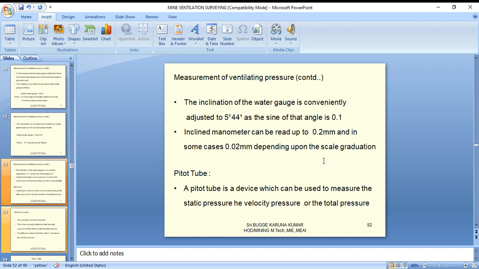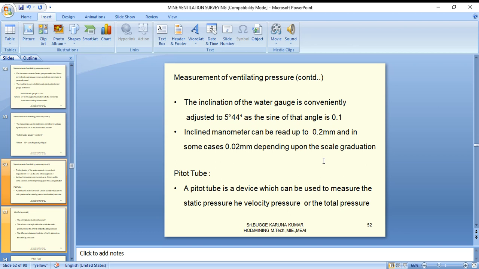The inclination of the water gauge is conveniently adjusted to 5 degrees 44 minutes, so that the sine of the angle is 0.1. The inclined water gauge can be read up to 0.1 mm, and this was already explained in an earlier slide.